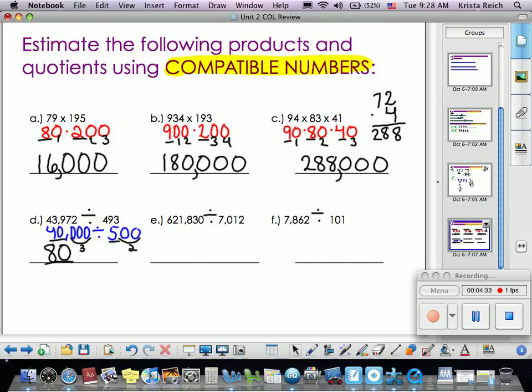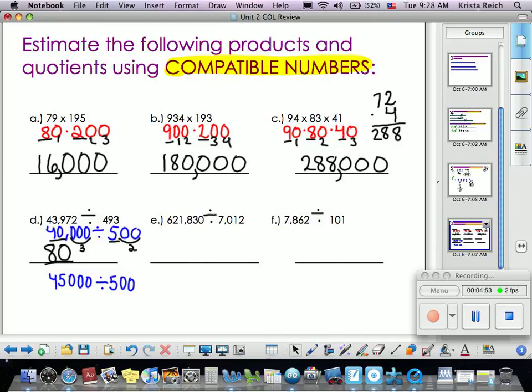Another one, and this is why I tell you guys, show your work, show me what you do, is if you took the 43,972 and rounded that to 45,000 divided by 500.